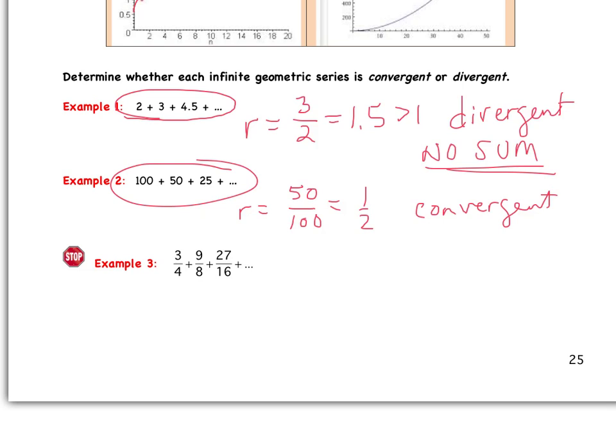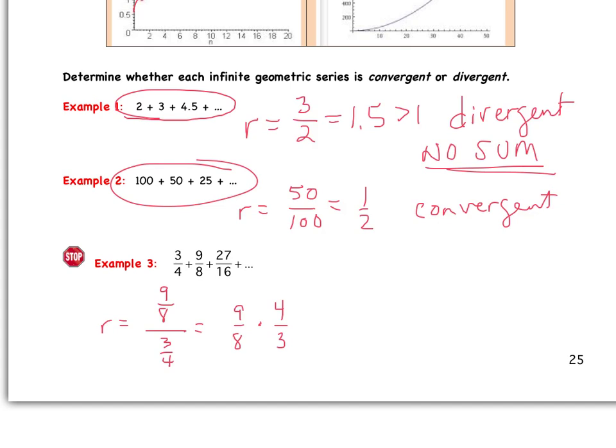Alright, now that you've had a chance to try it, this is a little bit of a trickier one. I did this on purpose to review our dividing with fractions. If I take my second term, 9/8, and divide by my first term, 3/4, remember that when you divide fractions, you take the first and multiply by the reciprocal of the second.